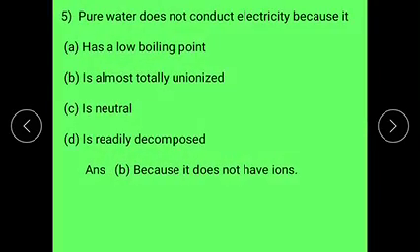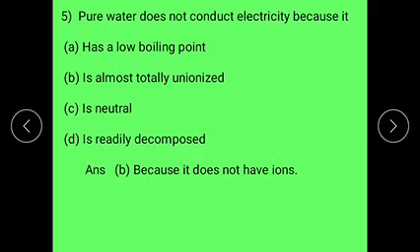Next one is question number 5. Pure water does not conduct electricity because: A. it has a low boiling point, B. it is almost totally unionized, C. it is neutral, D. it is readily decomposed.